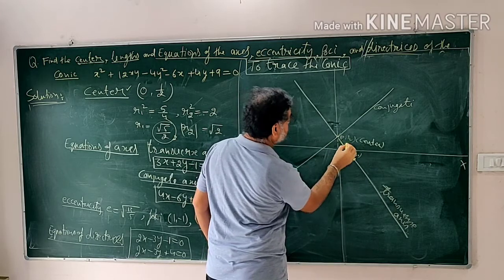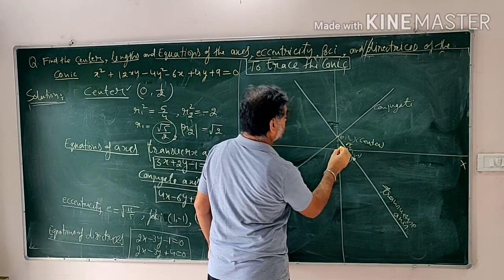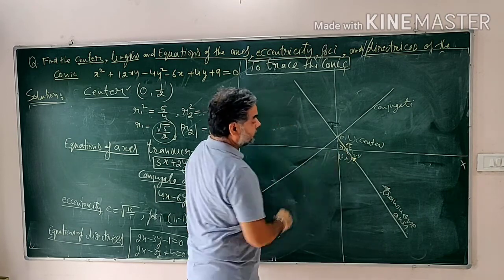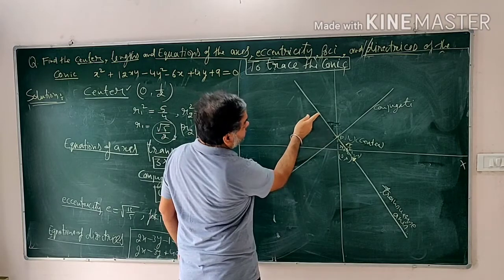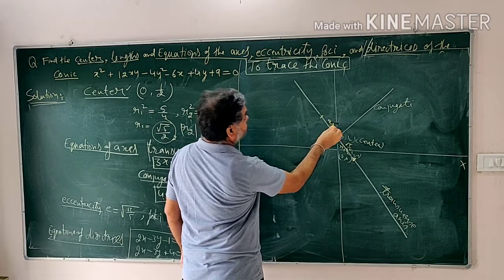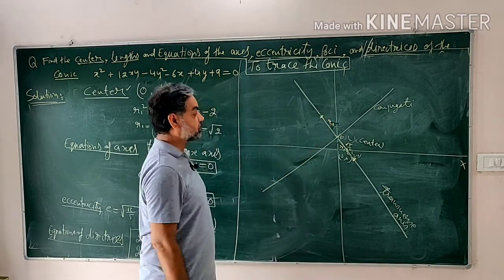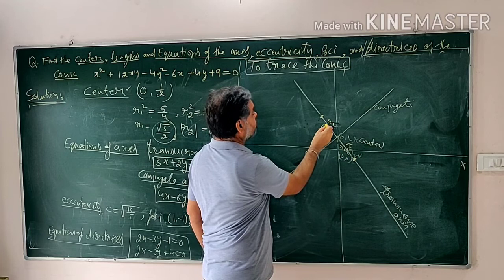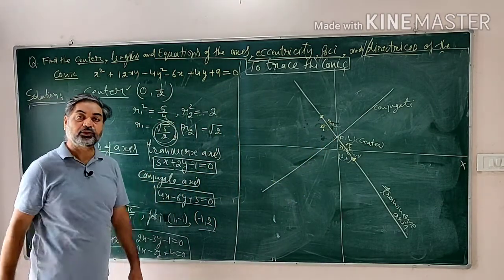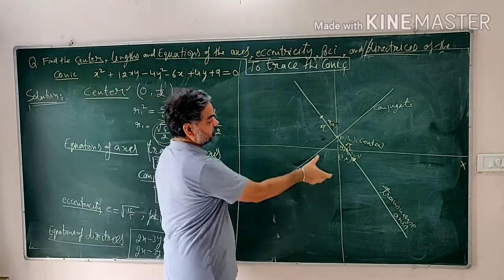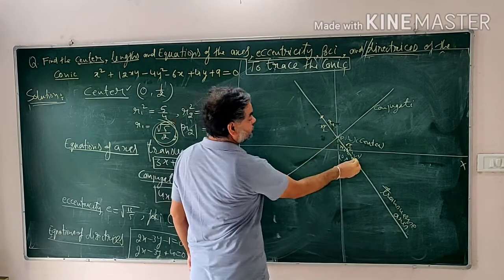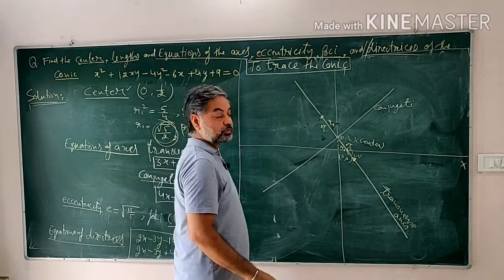This distance is r1. Take the distance r1 and mark it on the transverse axis, and similarly on this side also, take a distance equal to r1. This distance, root 5 by 2, is the length of the semi-transverse axis. Mark these 2 points.